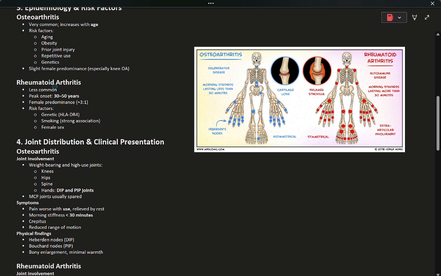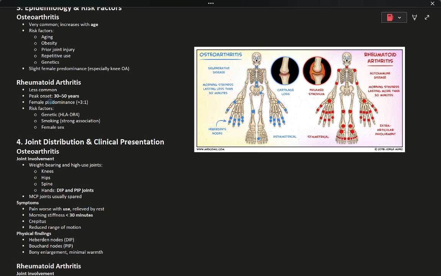On the other hand, rheumatoid arthritis is less common, and the peak onset of this condition is between 30 to 50 years of age. Once again, there is female predominance, where the prevalence of rheumatoid arthritis among females compared to males is 3 to 1. And so the risk factors to watch out for include genetic risk factors such as the defect in the HLA-DR4 gene, and smoking is known to be strongly associated with rheumatoid arthritis.